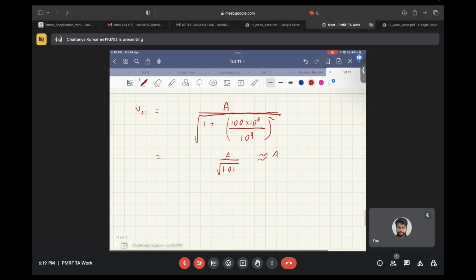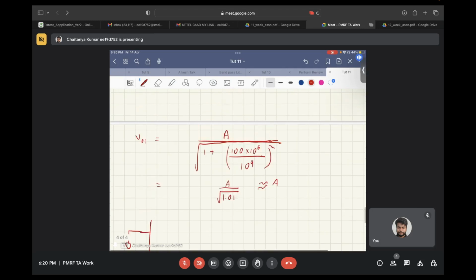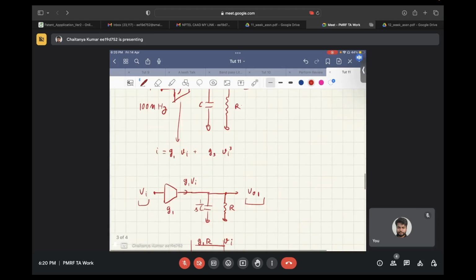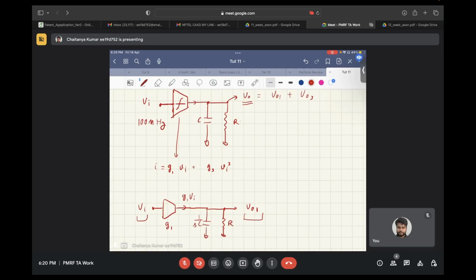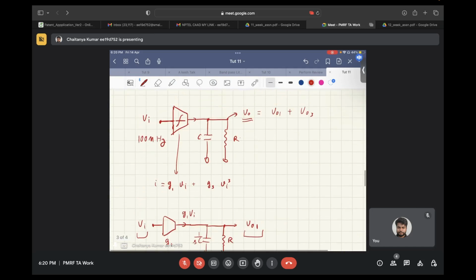Now the second step is to ground the input. Sir, small confusion, why are we grounding, sir? Now it comes through the math, right? Now you have V01. After that, you have to solve the second equation to find the second term.